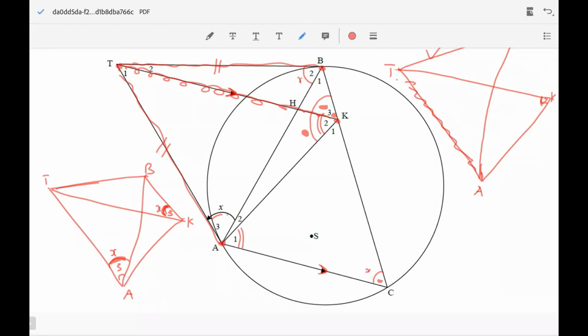Already K3 was proved to be X. So we only need to prove that indeed K2 is also equal to X. Focusing on the same cyclic quadrilateral, this is our TA. TA subtends your angle B2.